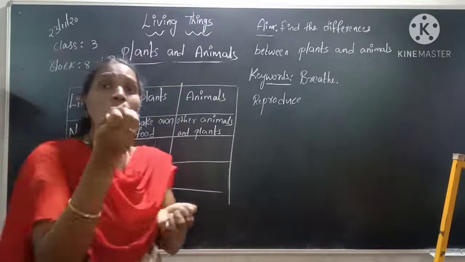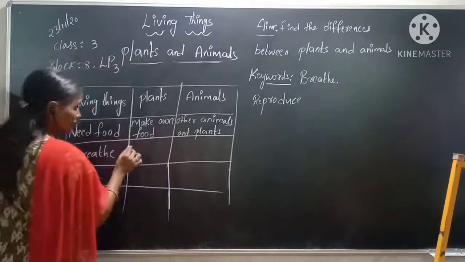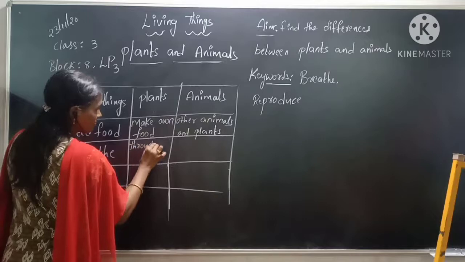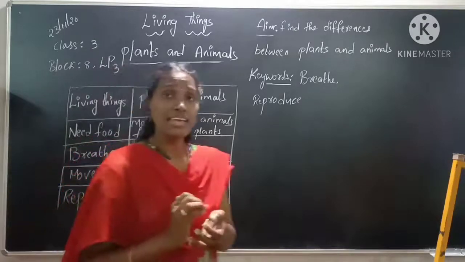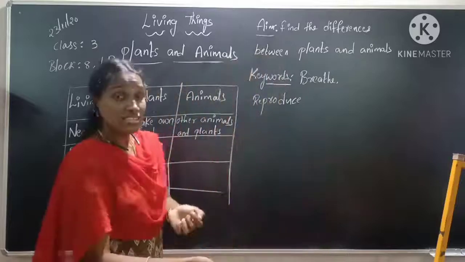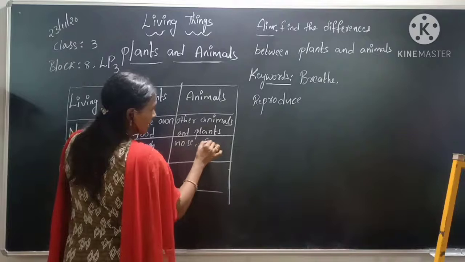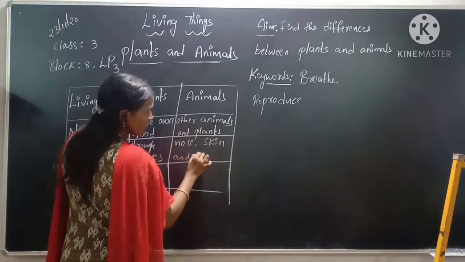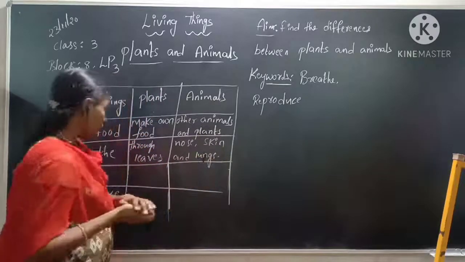How can plants breathe? Plants have small holes on their leaves. Plants can breathe through leaves. Tell me how animals can breathe. Yes, animals can breathe through nose and skin and lungs. Some animals can breathe through lungs also. Right? Yes.